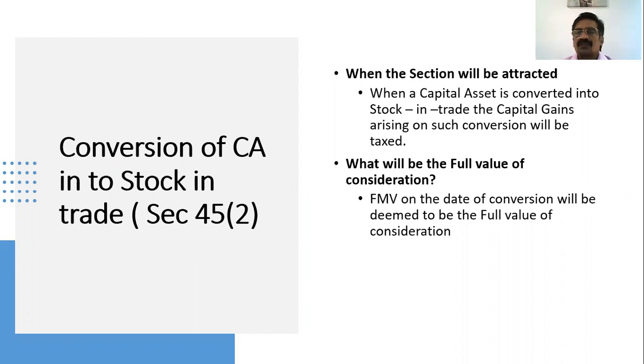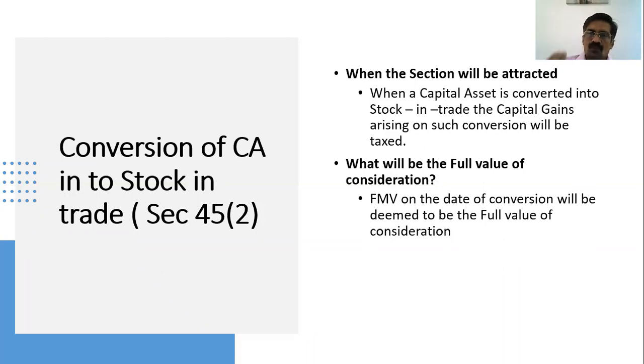However, the cost for the purpose of business income will be taken only as the fair market value on the date of conversion. So what has happened as a result is that the difference between the fair market value and the cost was never taxed. So therefore 2(47) is specifically amended. Conversion of capital into stock in trade has been regarded as transfer.